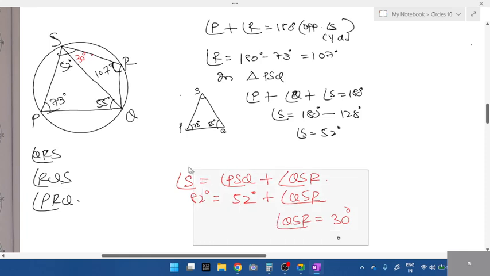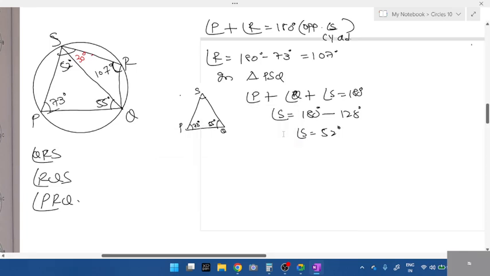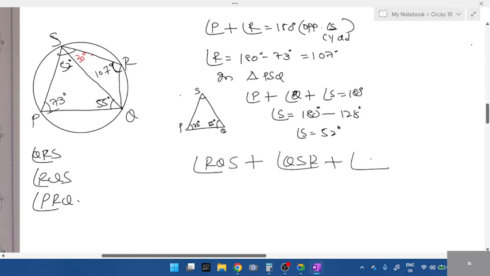Next, we know the angle is 30 degrees, students. So enter into that triangle. If you want to find RQS, enter into that triangle. What are the three angles we have? Angle RQS plus angle QSR plus angle SRQ, or I can just write angle R. That is enough.